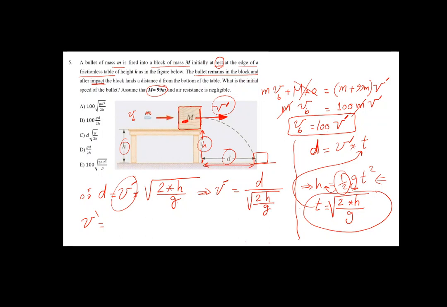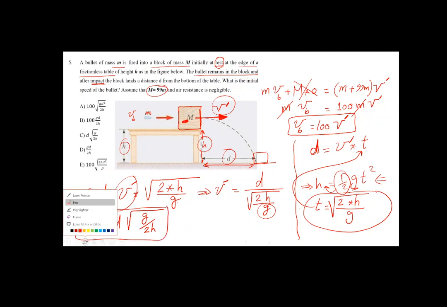I can write it again as what? This is the d. And g here is in the denominator of the denominator, so it will go to the numerator. It becomes g over 2h. Okay, guys? So this is v prime.